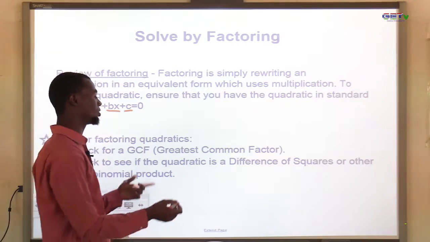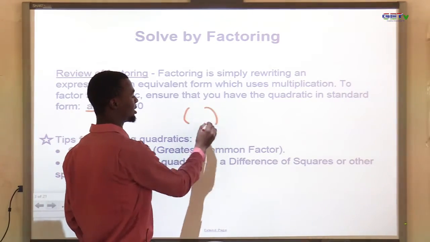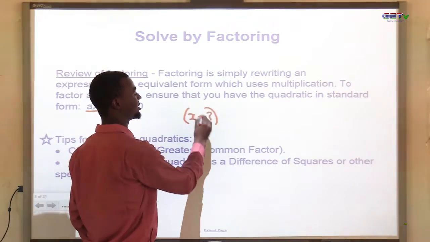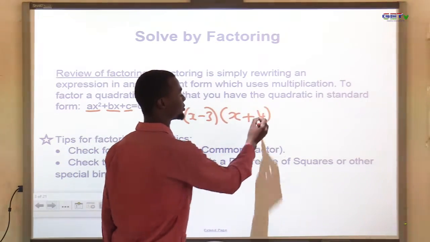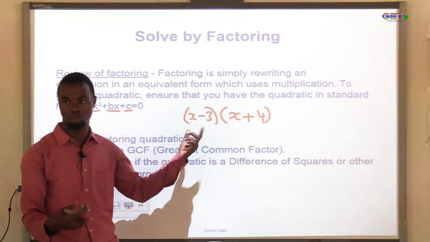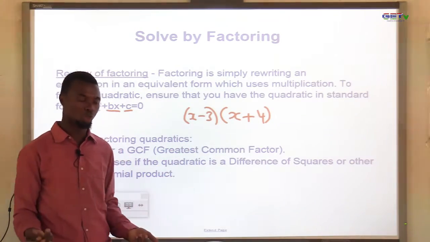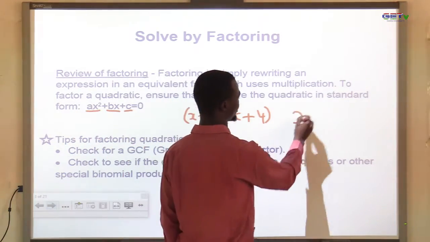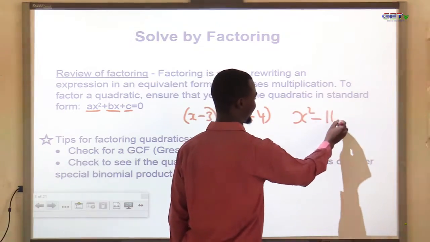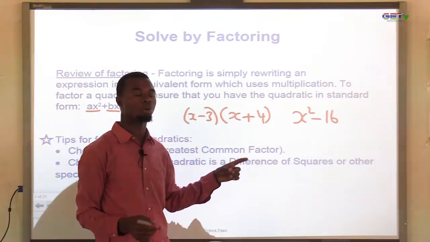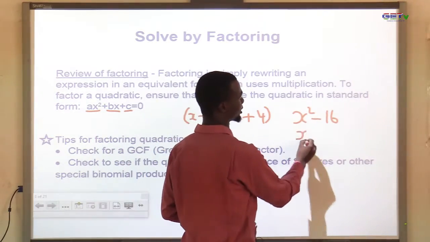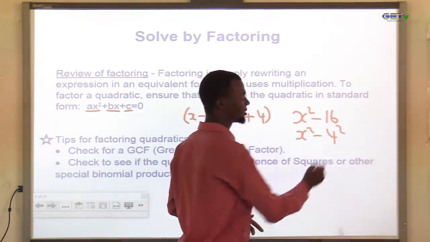You have what we call binomial products, like x minus 3 times x plus, let's say, 4. This is what we call binomial products. Difference of two squares: if you have a quadratic equation of the form x squared minus 16, you know these are square numbers. So the square here is going to be x squared minus 4 squared.